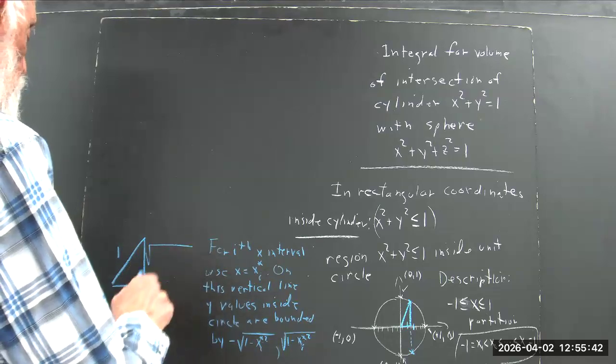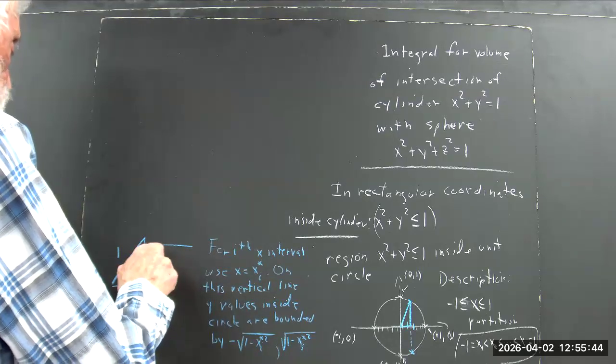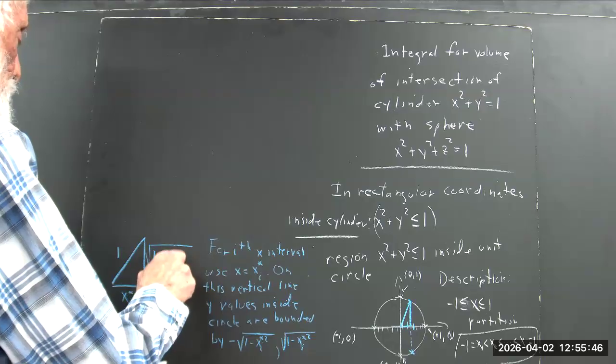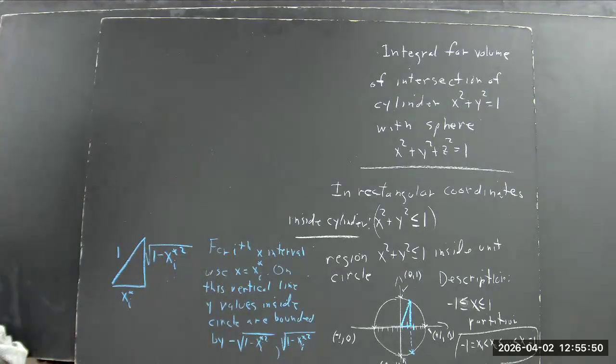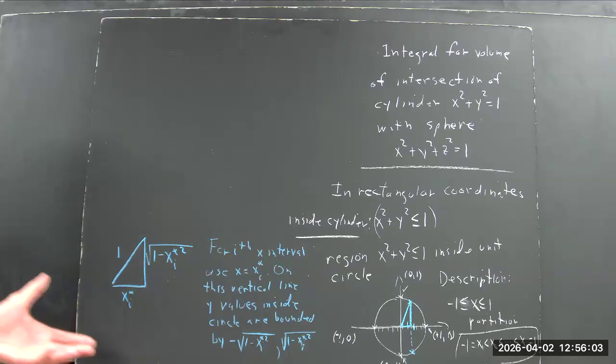This side has to have length the square root of 1 minus xi star squared. You see that triangle a lot, with those different coordinates. It's a fundamental thing you've got to know to even get started with volume elements.